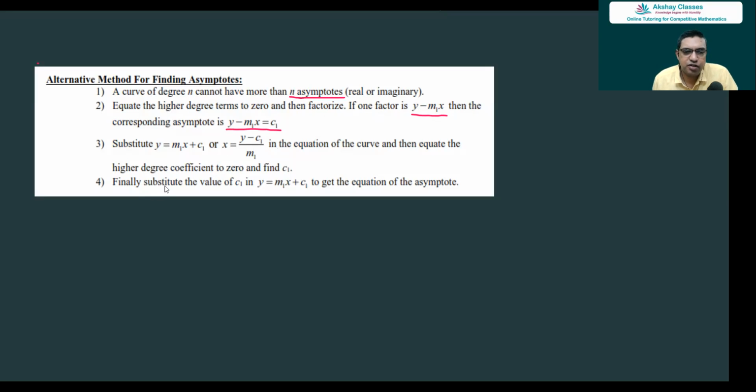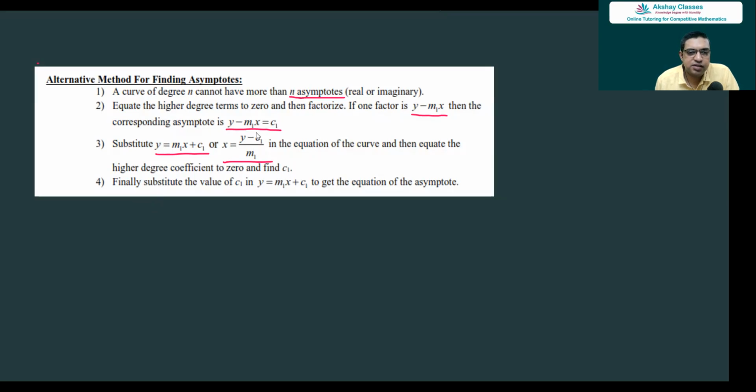Now, how to find this constant? In the equation, we have to find c1. m1 is already found, because by the process of factorizing we found it out. So now either write y in terms of x and c1 like this, or x in terms of y and c1, and then substitute this expression back into the curve.